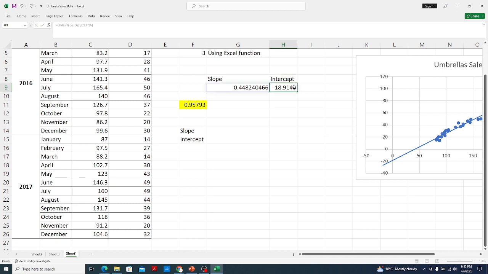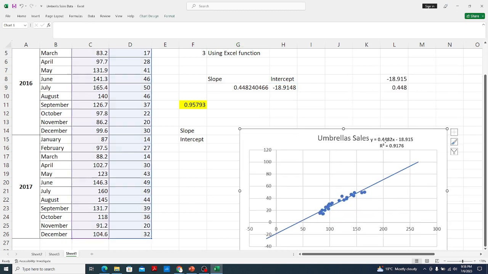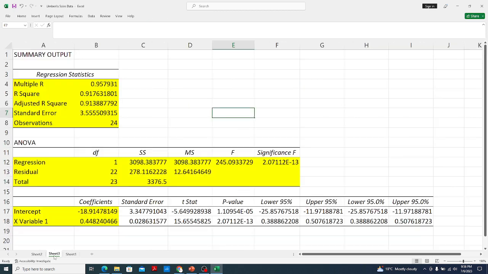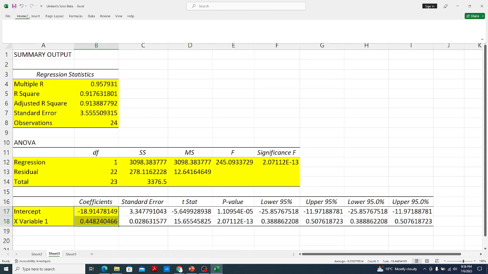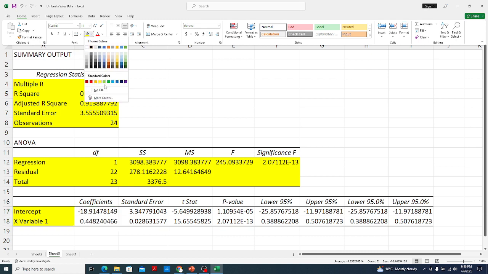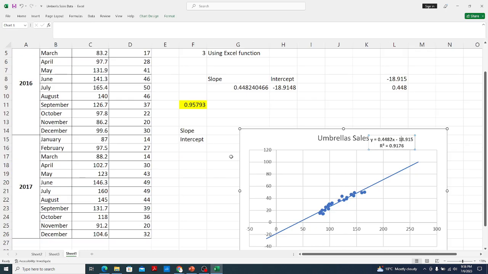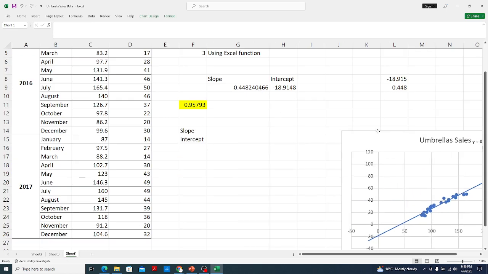These are the same values which we got here, and they are the same values which we got here. Meaning we got the same thing.